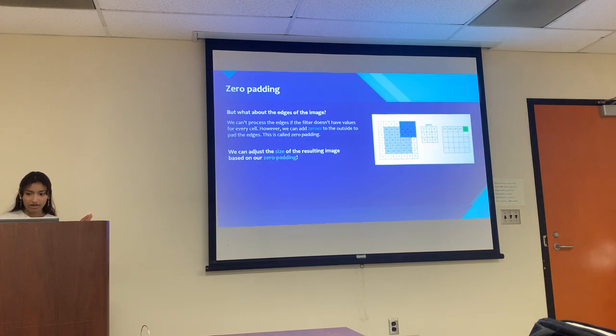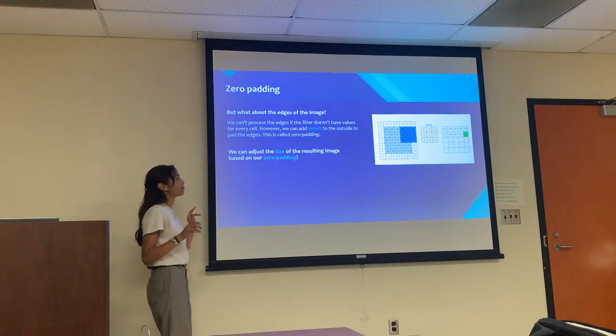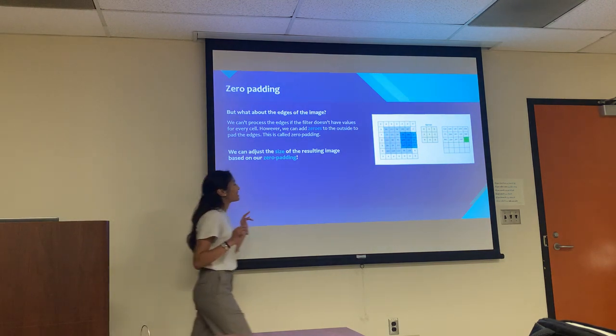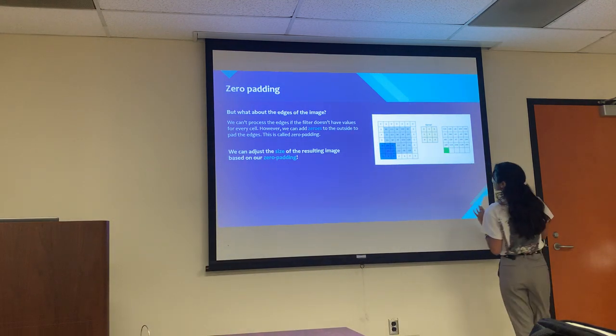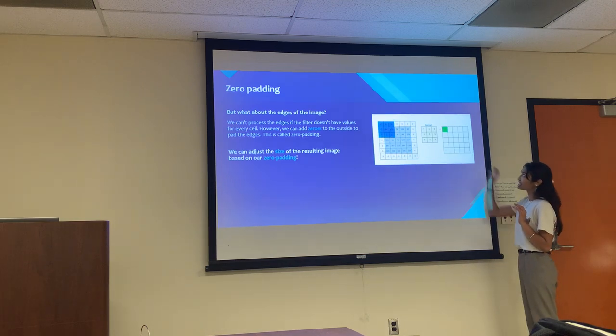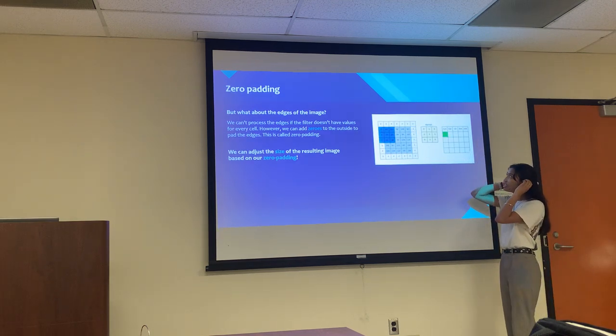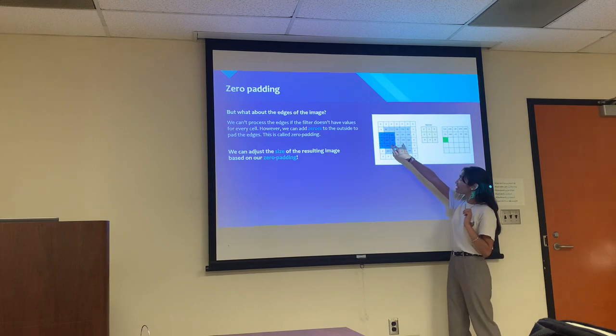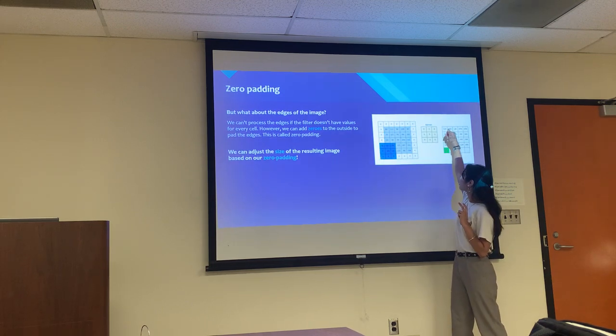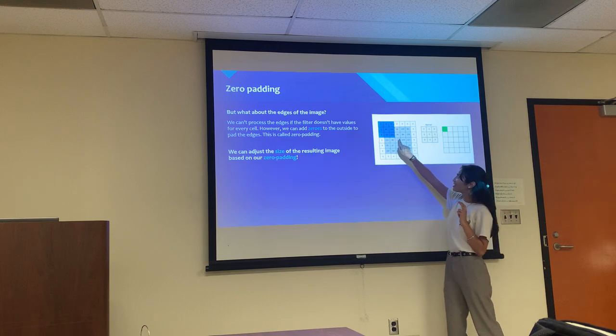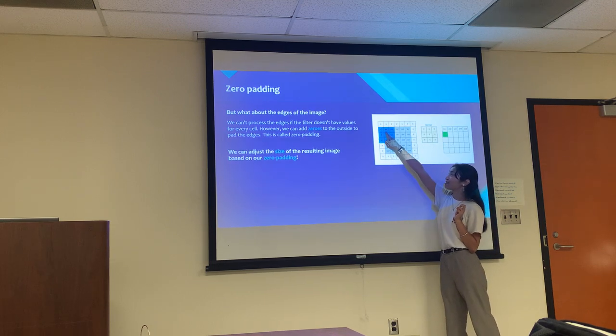And also, let's say we wanted to have the same size as we did before. If we apply the kernel where the image starts here, this would be the center, and then it'd be applied here. But there wouldn't be a point where this would be the center.